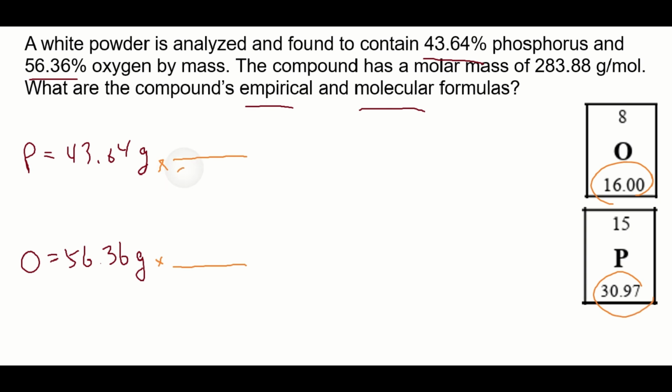Phosphorus has a molar mass of 30.97 grams per mole. Set up your conversion factor so the grams cancel out. And oxygen has a molar mass of 16 grams per mole.